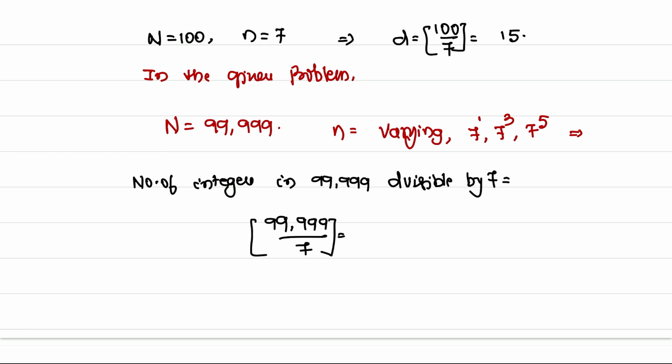Just see what is its value. These calculations, without a calculator also, you should be able to do. 14285.